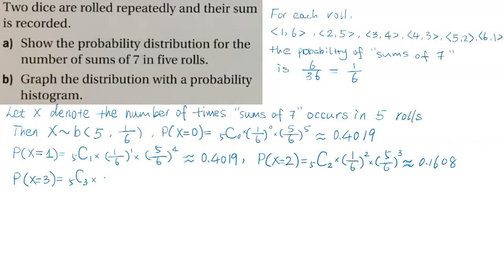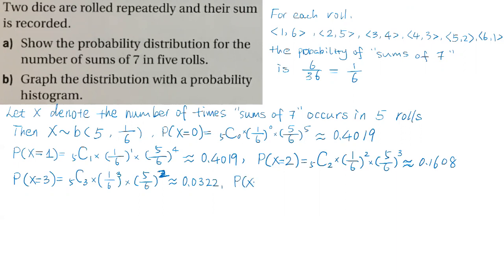Next one, probability of x being 3 is C(5,3) times 1/6 3 times times 5/6 3 times. Sorry, there should be 2, right? Should be twice here. Okay, this probability is 0.0322.